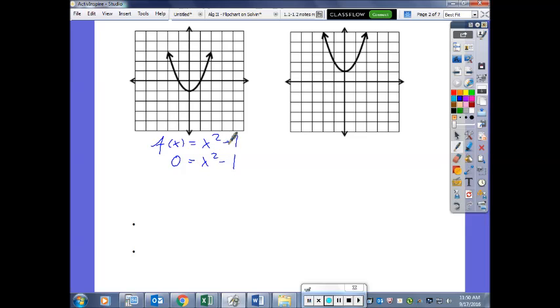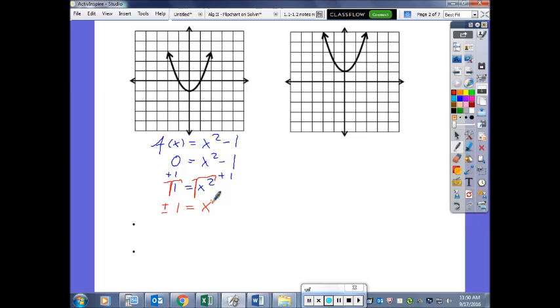Y is equal to 0 at our solutions, right? In order to solve this equation, we're going to add 1 on both sides. So then we get 1 is equal to x squared. Take the square root of both sides of the equation, and our solutions are positive and negative 1 is equal to x.